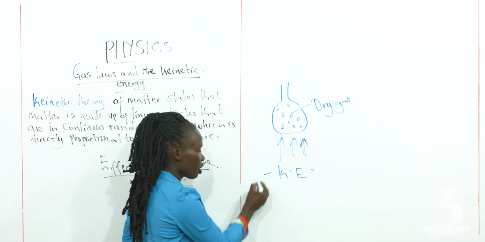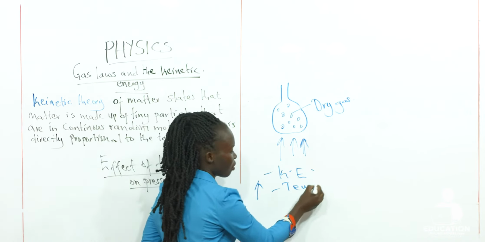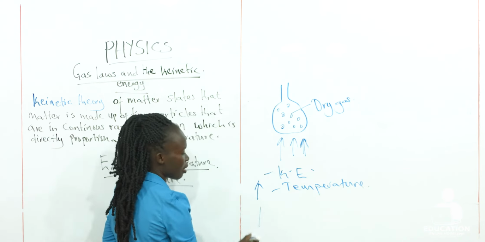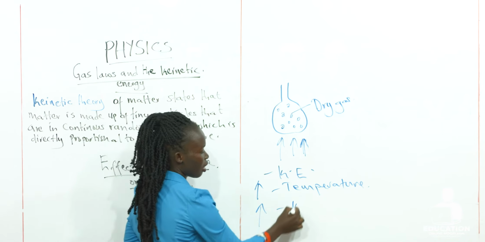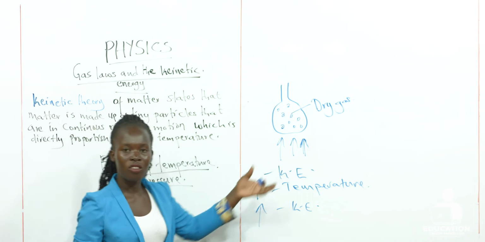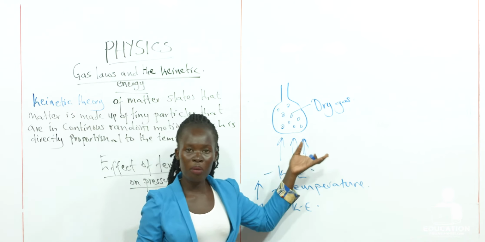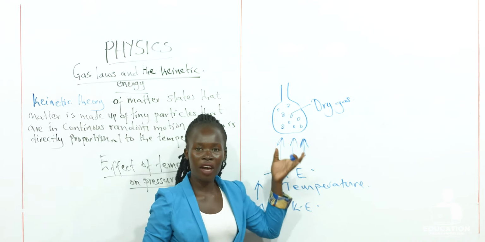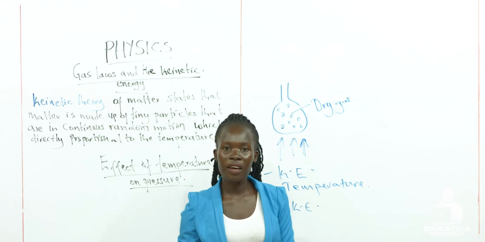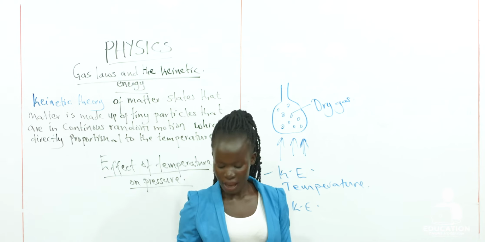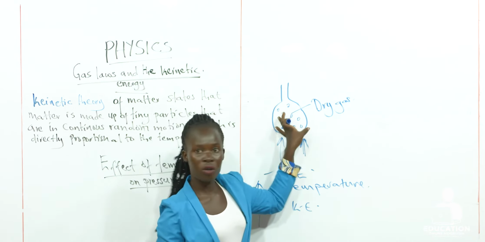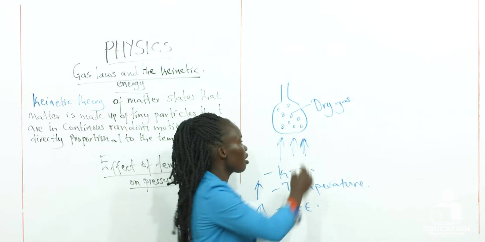So when you increase the temperature, and then we're saying that the kinetic energy is also increased, what happens? These molecules will be moving at a very high rate. So moving at a very high rate means that the rate of collision between them will also increase, and then with the walls.